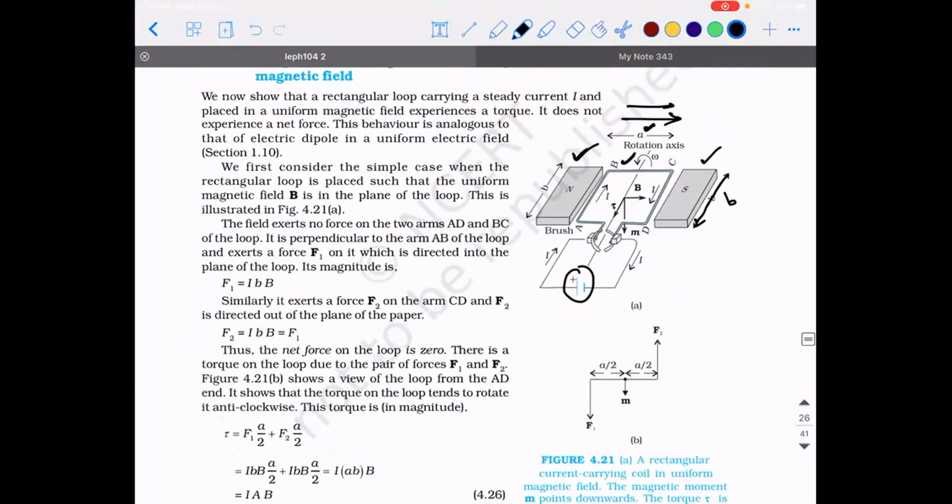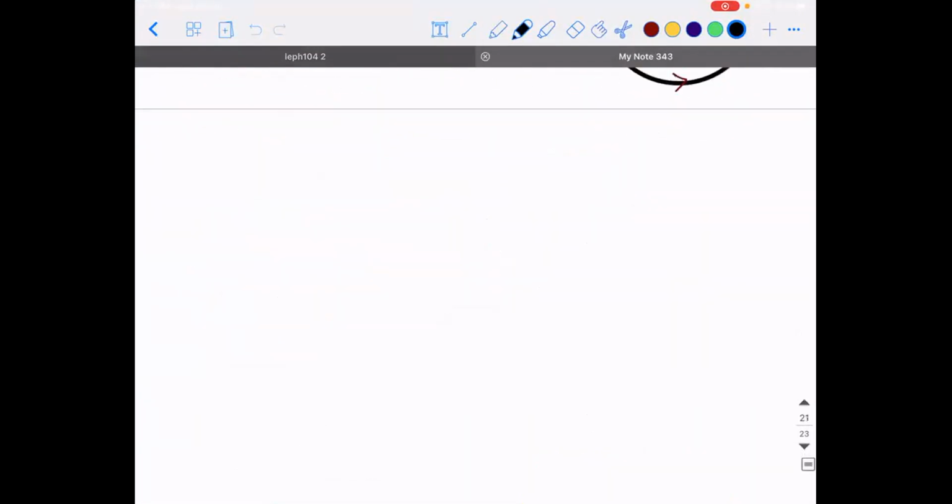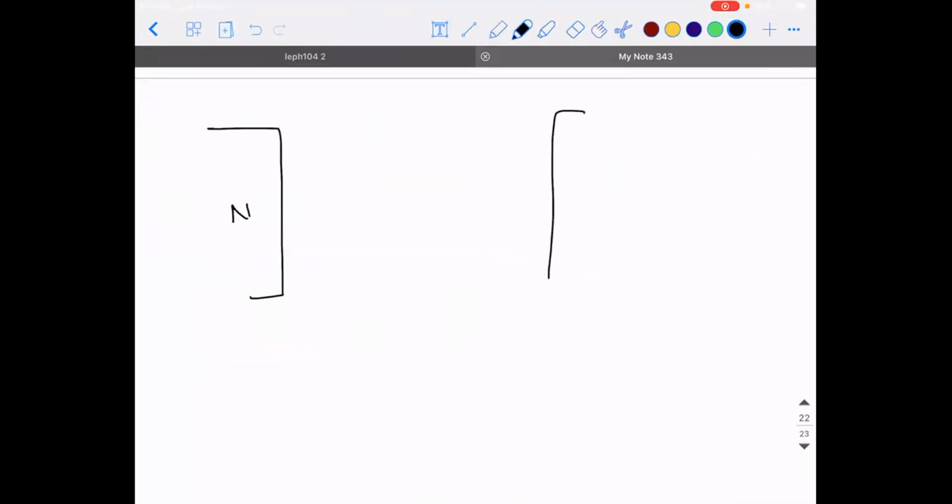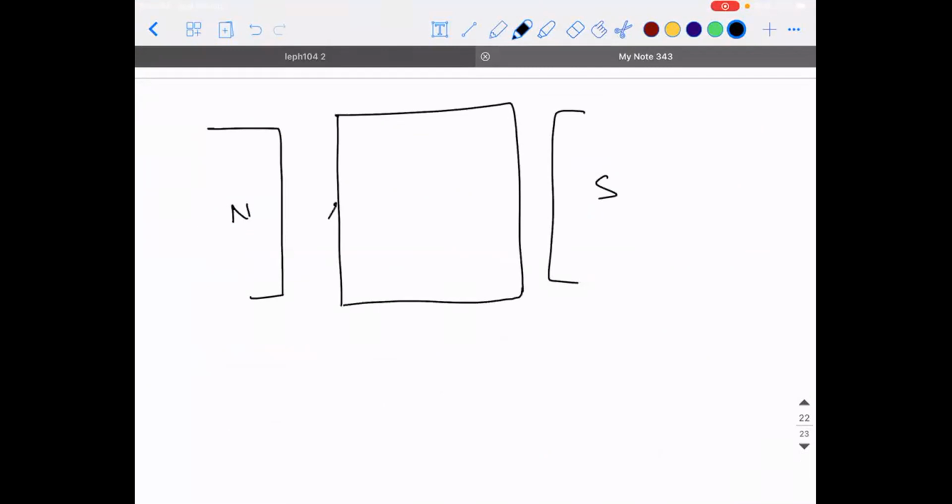Okay. Now, I will try to make it slightly simple, so that you guys can understand it better. Let's say this is the north pole of the magnet. This is the south pole of the magnet. Okay, let me call this 1, 2, 3, and 4. Okay.